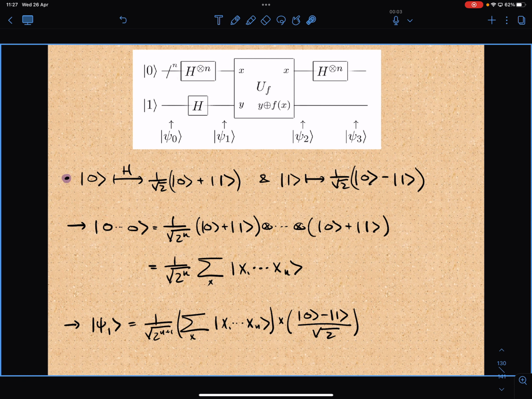So what I obtain, after pulling out the factor of all the terms, is 1 over square root of 2^n, and each of these zeros gets transformed to 0 plus 1. And it's all of them. And then what I do is I distribute the tensor product.